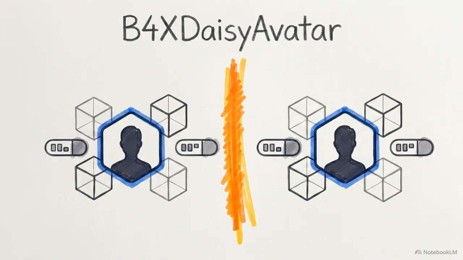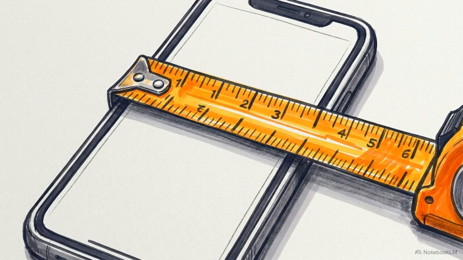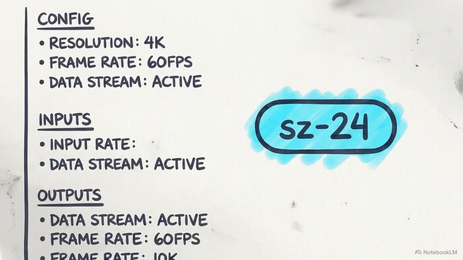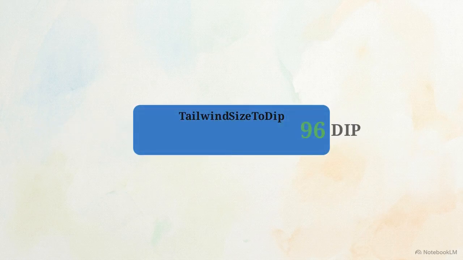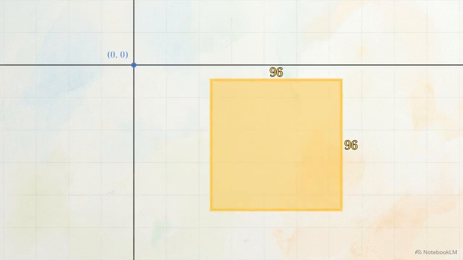Let's follow that data across the boundary into the B4X DaisyAvatar component itself, starting with how it determines its physical size on the screen. A designer passes a standard Tailwind token, like the string SC24, into the setWidth and setHeight methods. The string token enters the Tailwind size to dip function, mapping the web unit to explicit numerical values, 96 device-independent pixels.